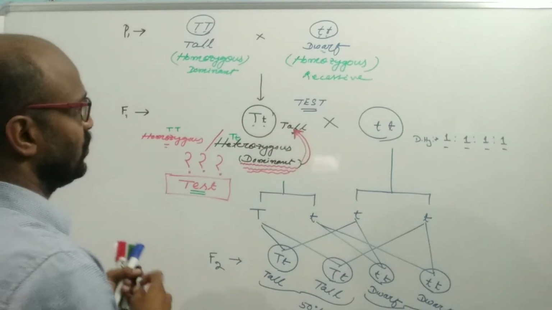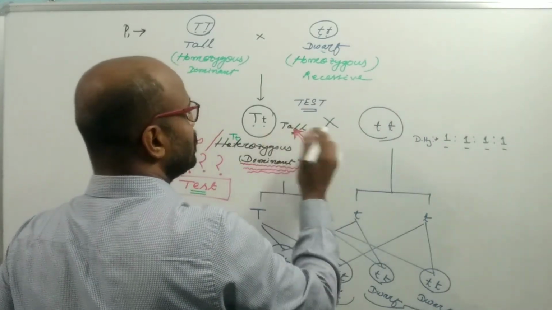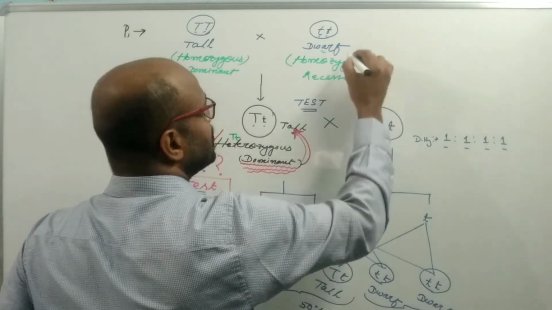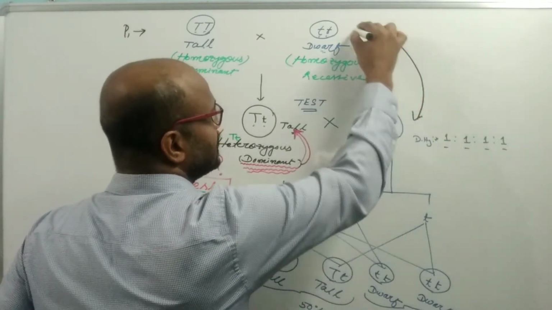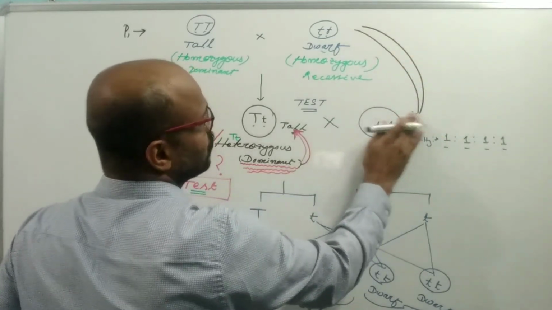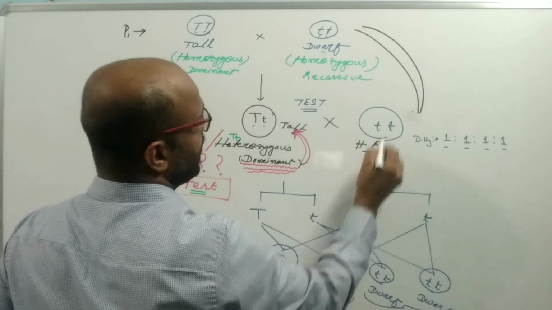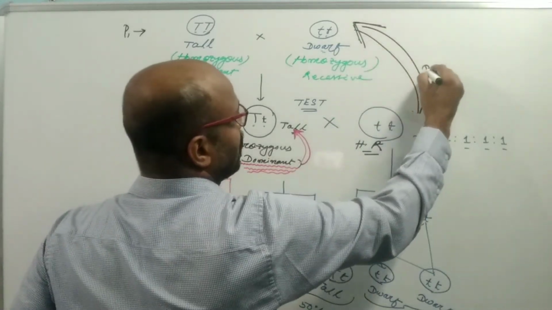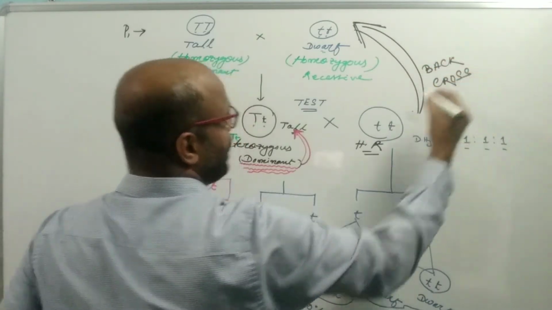In this cross we take the homozygous recessive parent. That's why this is also known as the back cross.